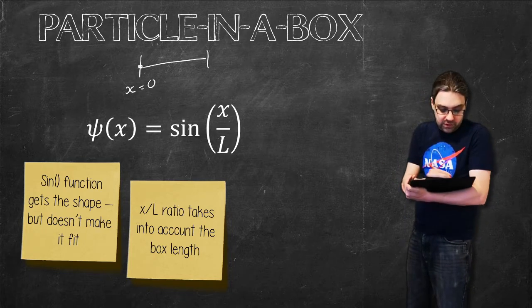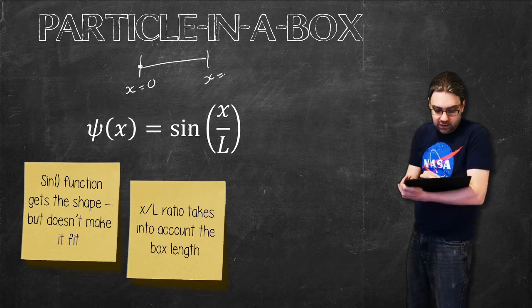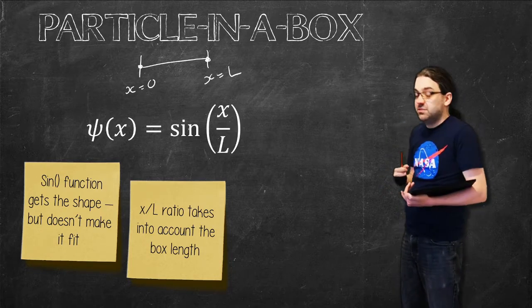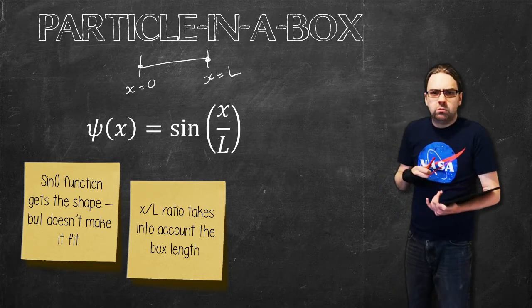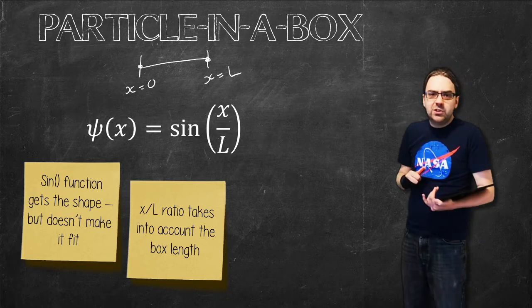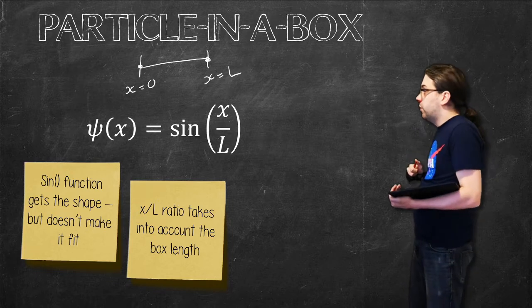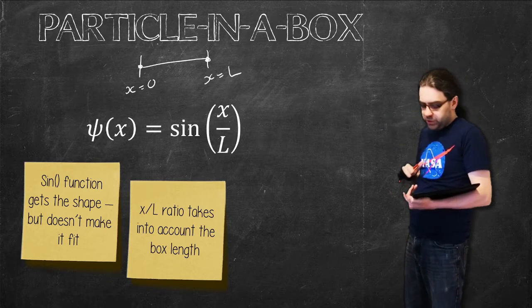Great, the wave function will be 0. And if x equals L at this point, well, x is L, L divided by L is 1. Sine of 1 is, well, we'll get back to it. But at least now, we know that we've got a ratio along the box that we can do.